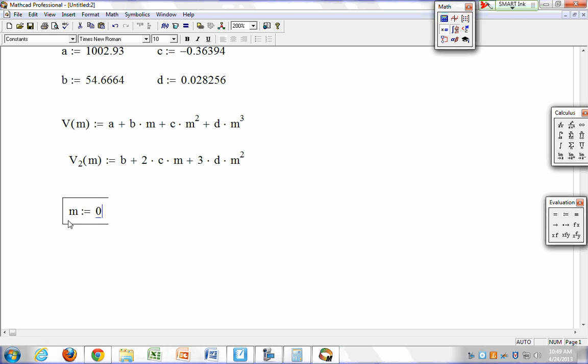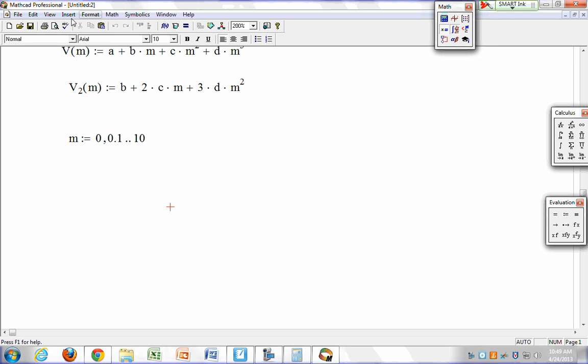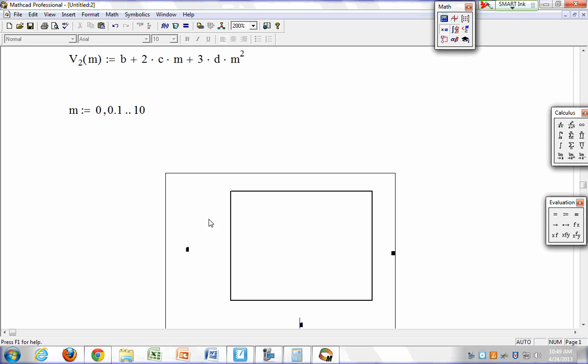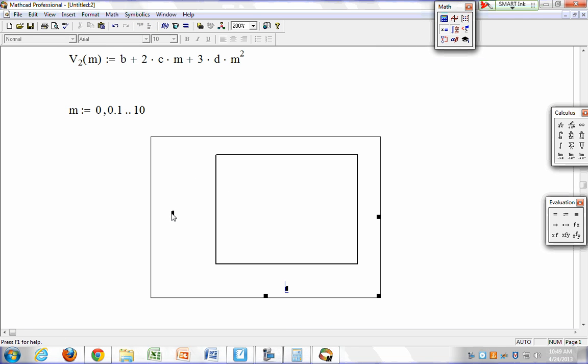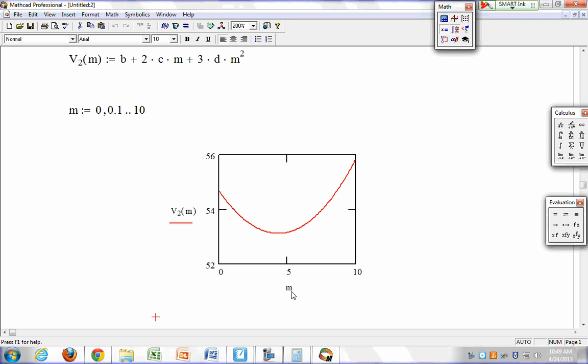So first molality 0, our next data point will be 0.1 molality and up to 10 moles of ethanol added to our 1,000 grams of water. Insert a graph. Let's plot V2 of M versus M, and that's our partial molar volume. So if you just plug in the molality you want, you now have the partial molar volume of ethanol.